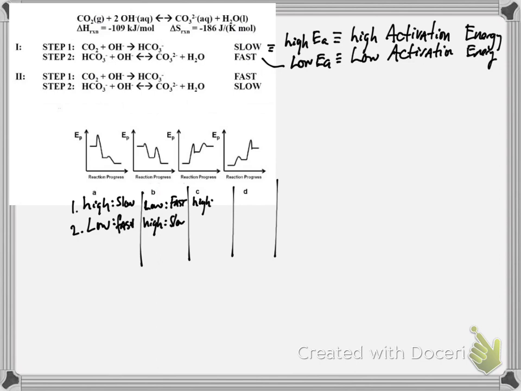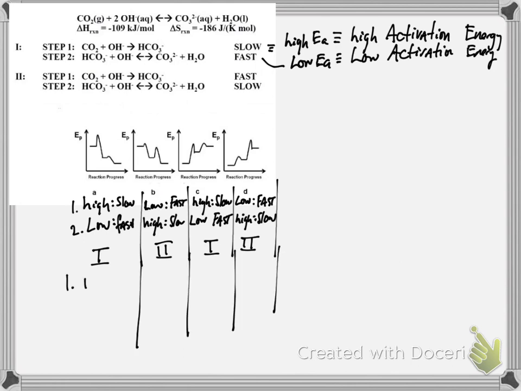In C, it's high activation energy, then low activation energy. And then in D, it's fast, low activation energy, then high, slow. All right, so that helps us assign the relative speeds of the steps. And what we see here is that each one of these is consistent with the mechanism, right? So slow, fast is consistent with mechanism 1, and fast, slow is consistent with mechanism 2.